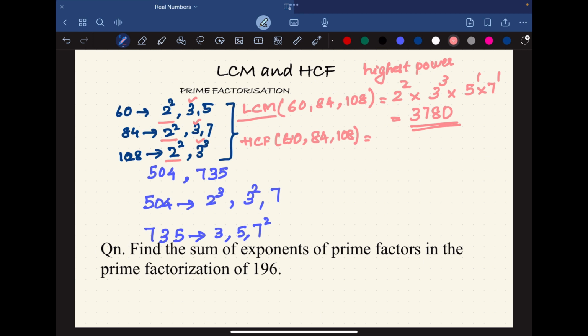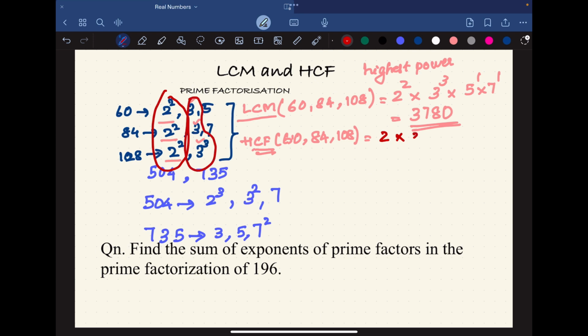Okay, so now what we will do for this, we will be taking the common factor. The name itself is asking for highest common factor. So what is the common factor here? We will check first. So this is the common factor. One we have is 2, then multiplied with, is there any other common factor we have? Yes, we have 3.